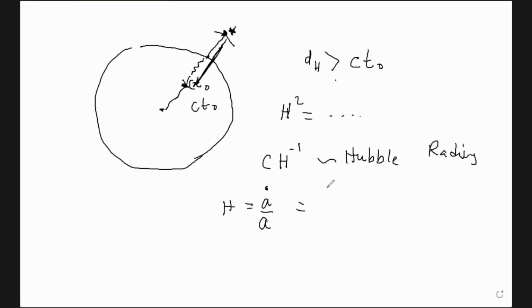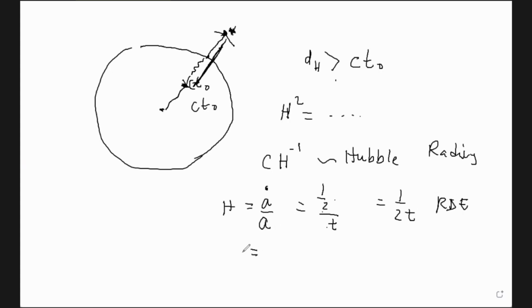a goes as t to the power half, so it is half, t to the power minus half, and that. Yes, for a radiation dominated universe, I am just using a goes as t to the power half.